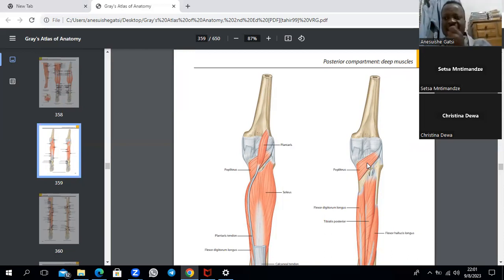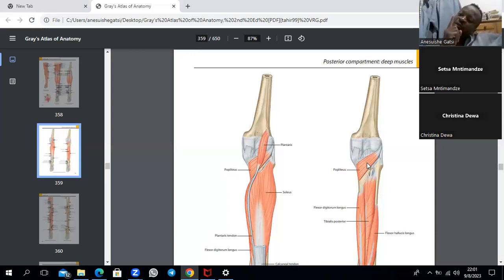Does anyone know what that is, for interest's sake? Personally, I don't. Anyway, the popliteus muscle unlocks the knee joint.